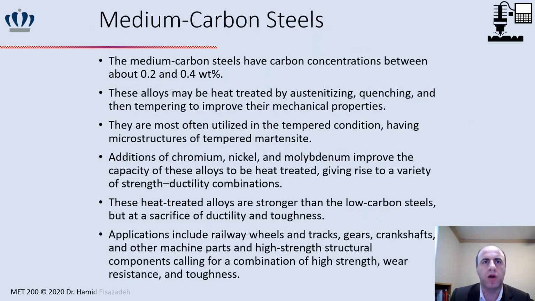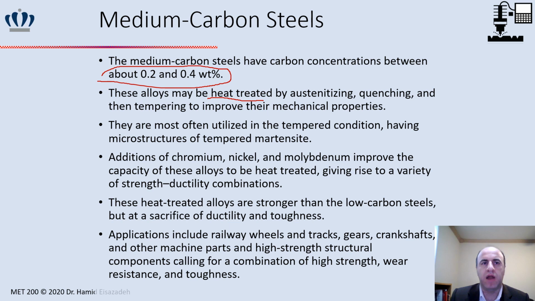Another group of carbon steel is called medium carbon steel, where we have carbon in the steel between 0.2 and 0.4 weight%. These alloys can be heat treated. We have various types of heat treatment, but the general idea is to quench the steel in order to have higher strength by making the grains smaller, or having more martensite in the material.